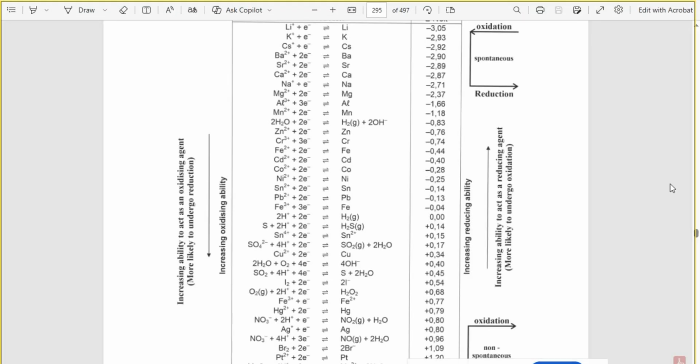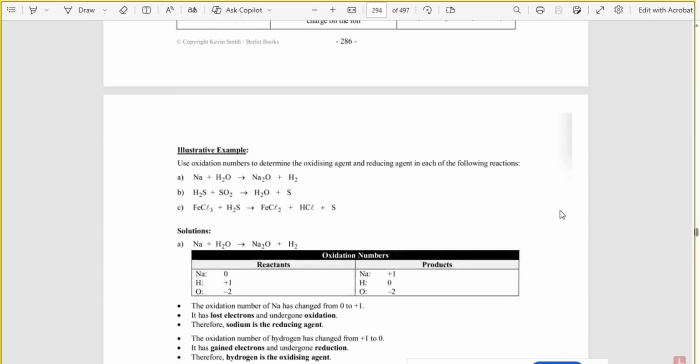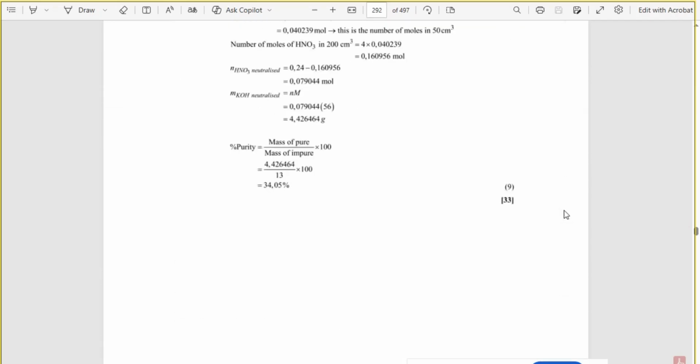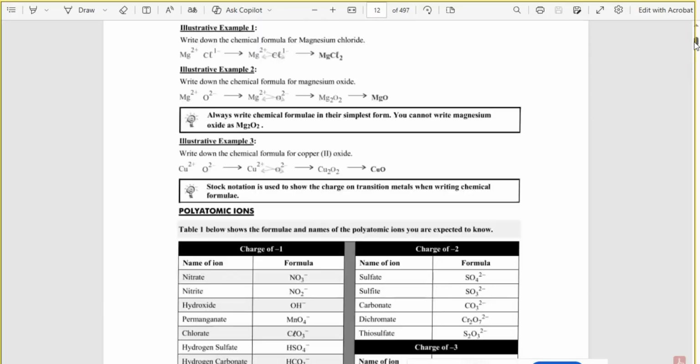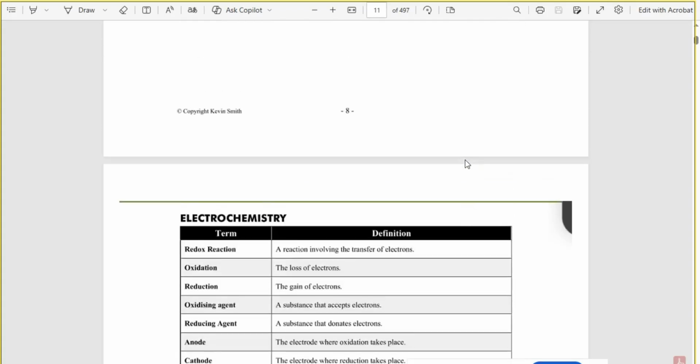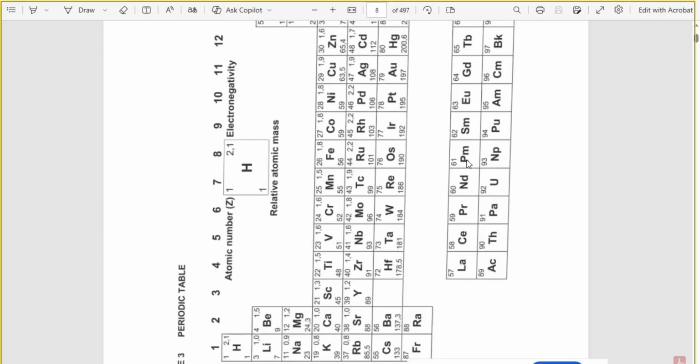Let me indicate it on your periodic table. I'm just looking for the periodic table.